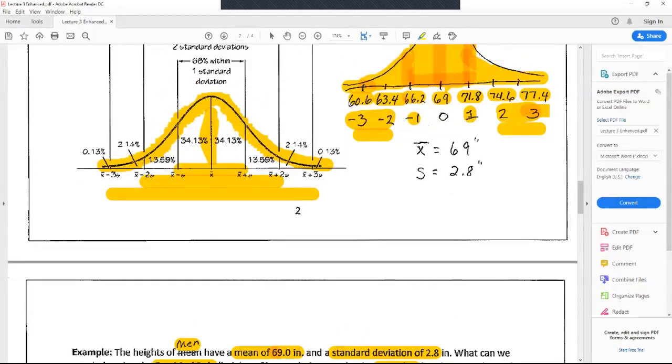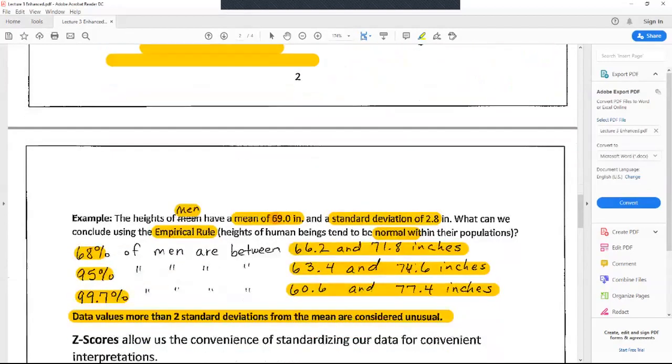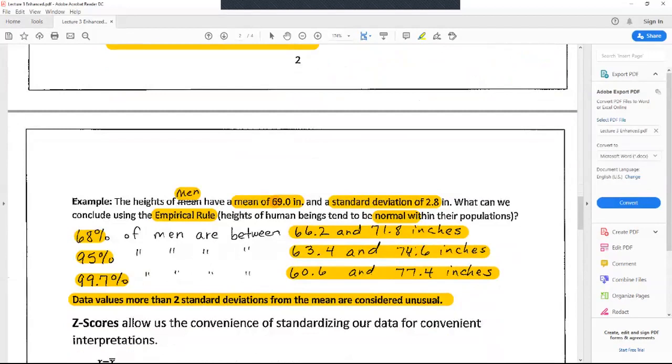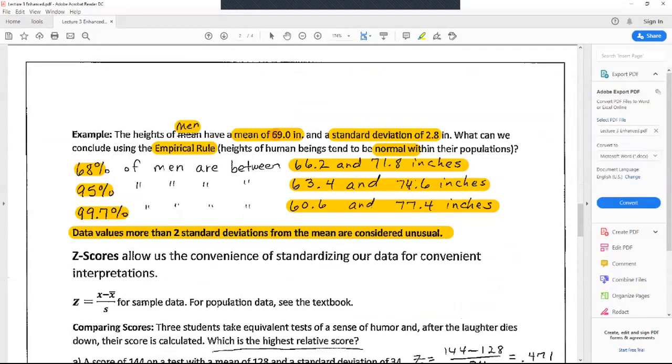So you are either unusually tall if you're on this end, or unusually short if you happen to be on this end. My father is actually unusually tall, and if my mother were to be included, she would be unusually short.